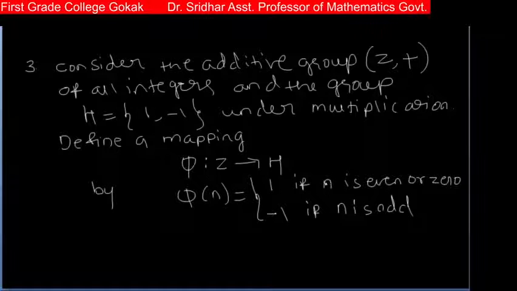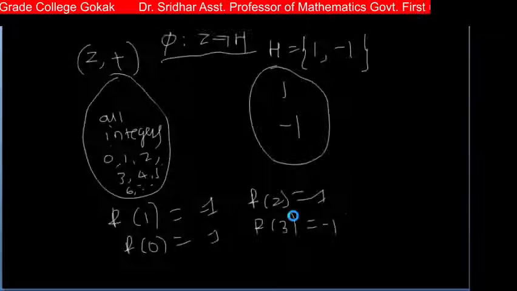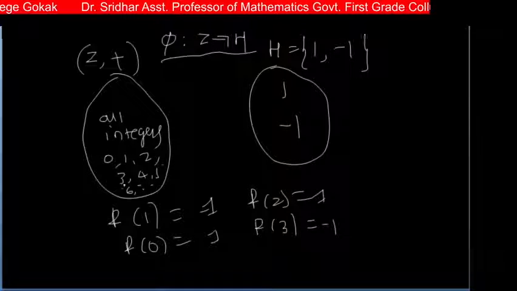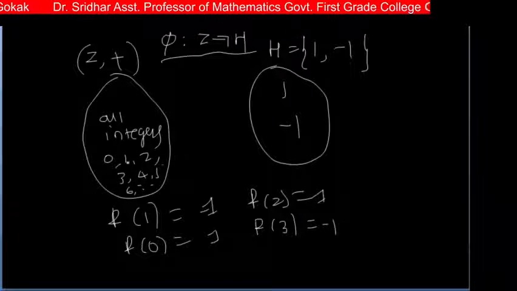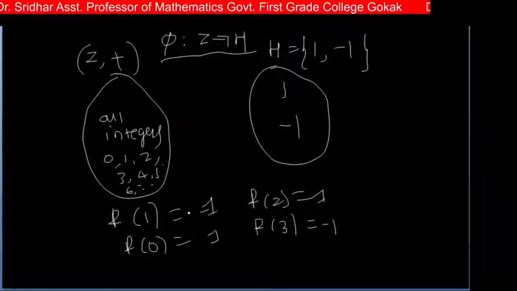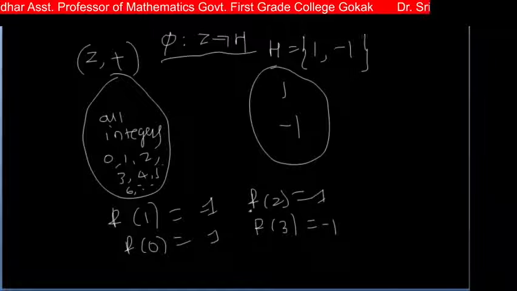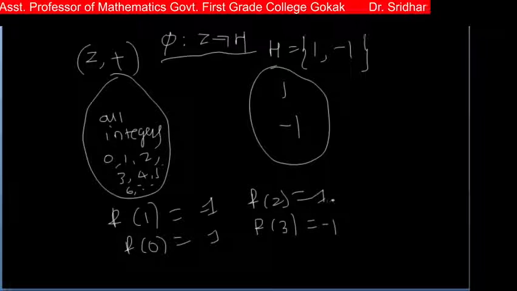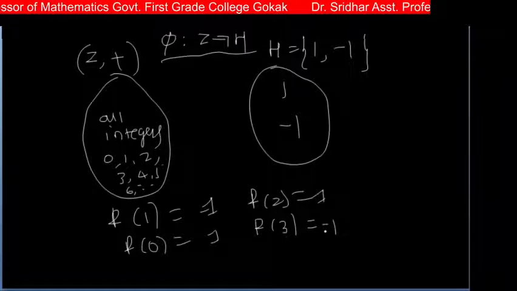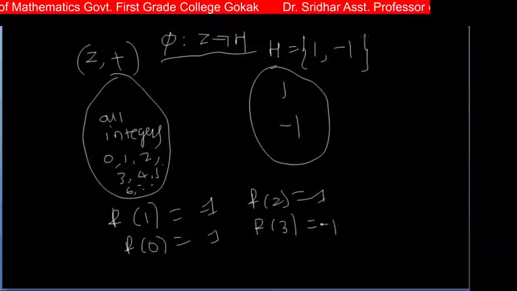So for the integers of this group, if the integer is even or 0, then give that element as 1. If it is odd, then assign that element minus 1.